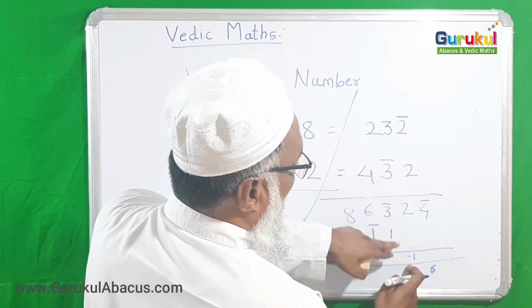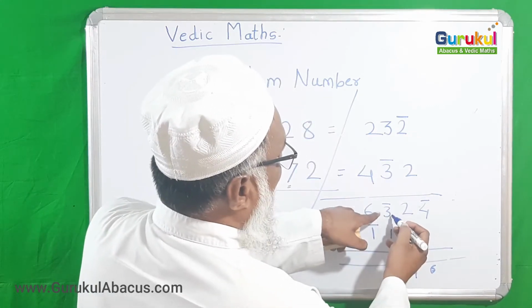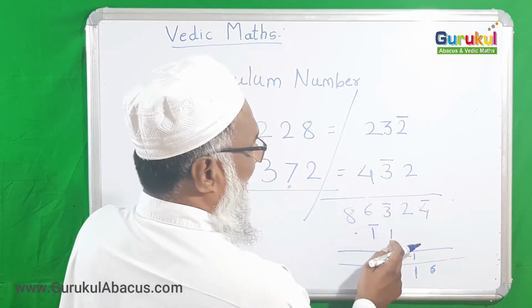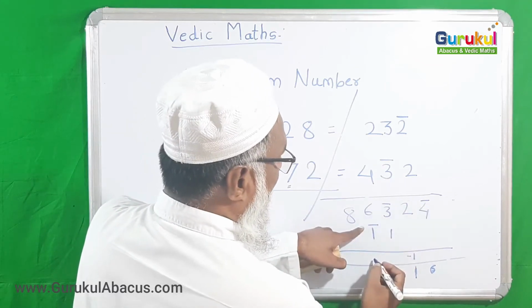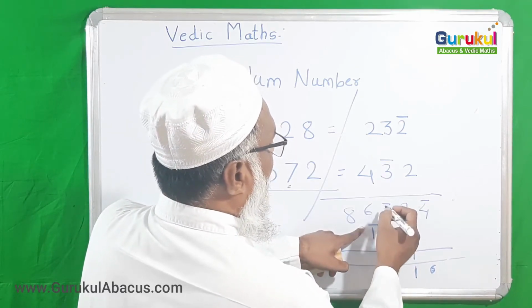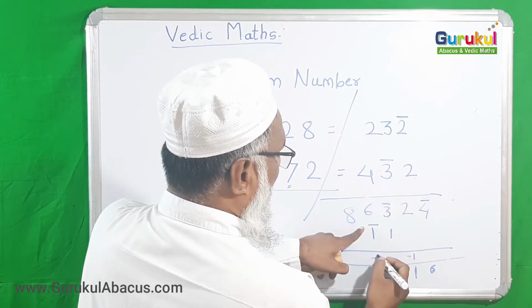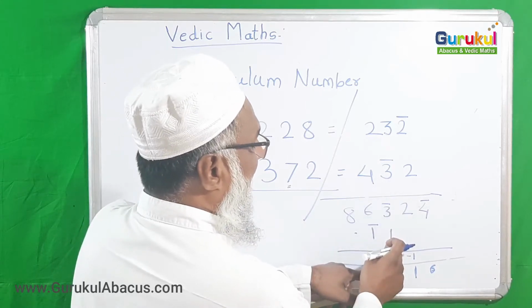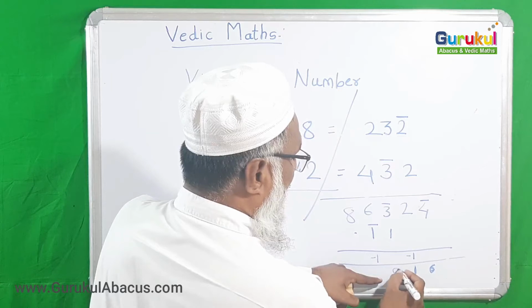Then 2 minus 1, 1 is there. Now this is minus 3, and here is 1. From the minus 3 I cannot subtract this 1. So from this side I am taking: I am adding 10 by putting here 1 minus 1, and so it is 10, and 1 makes 11, and minus 3, then together they are 8.